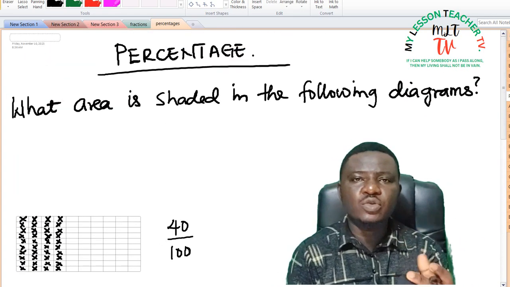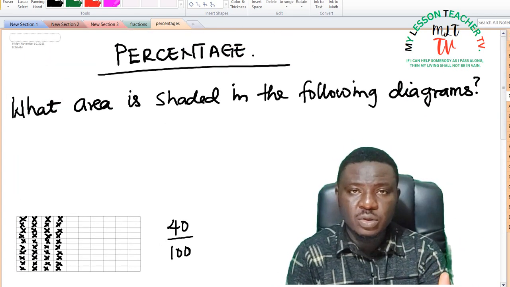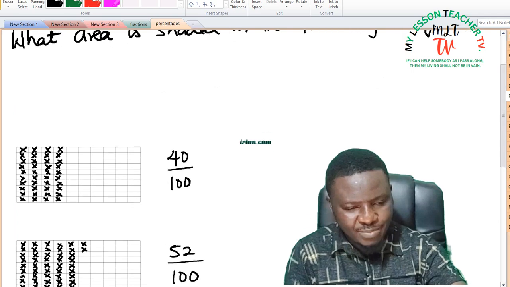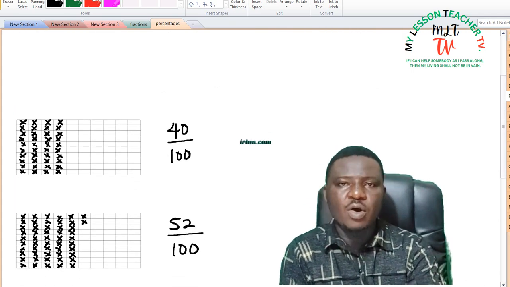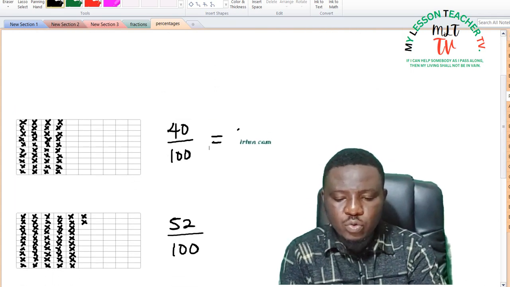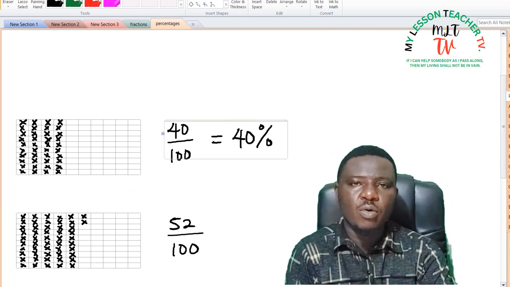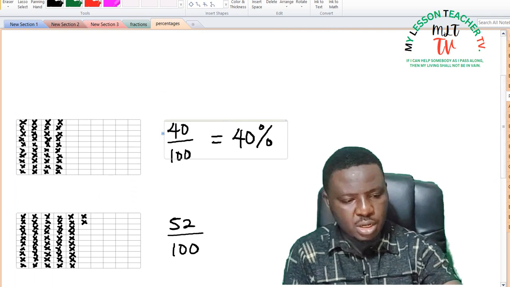Percentage is said to be a fraction whose denominator is 100. So that definitely means that 40 over 100 is equal to 40%. And this is the symbol for percentage.